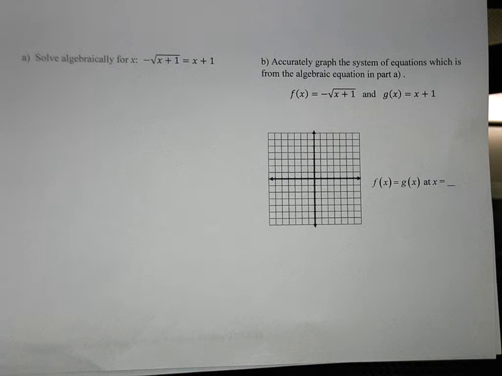Once you get the answer, raise your hand and I'll come around and check it. You squared the negative as well, so it's going to make that a positive.